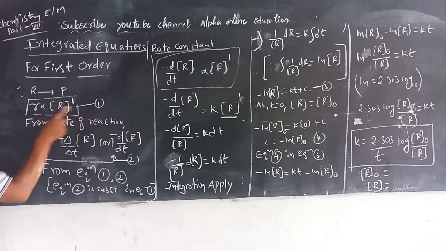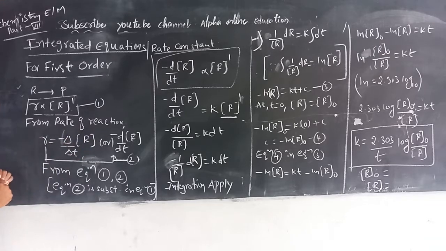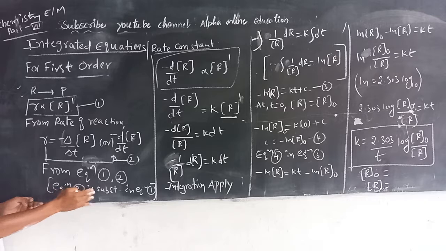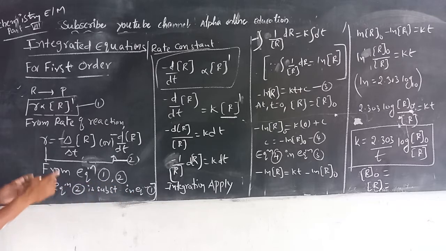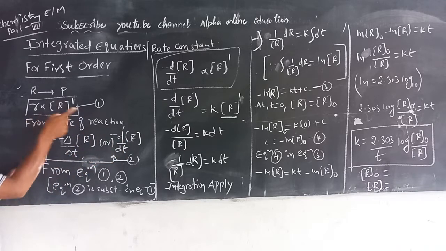In equation 1, R is given, and in equation 2 the R value is present, that is, minus d by dt of the reactant concentration. So the equation 2 R value is substituted in equation 1.